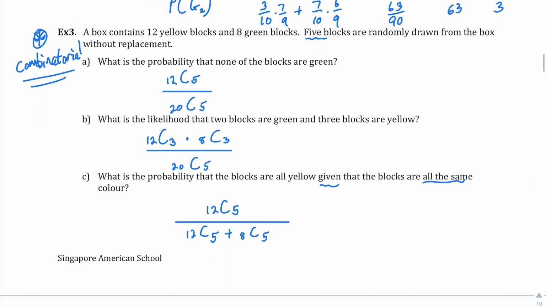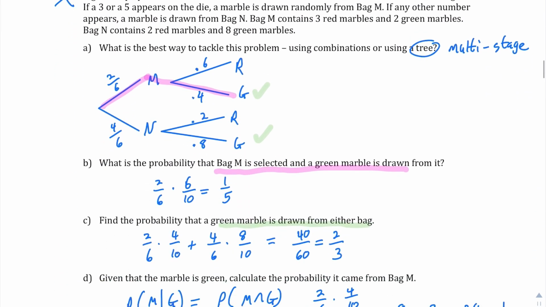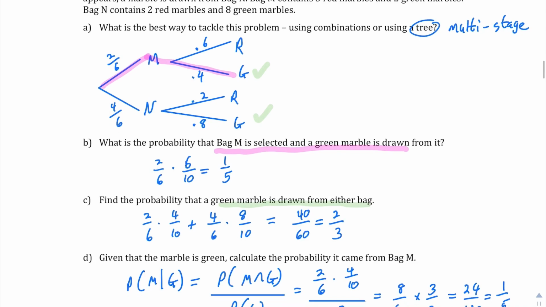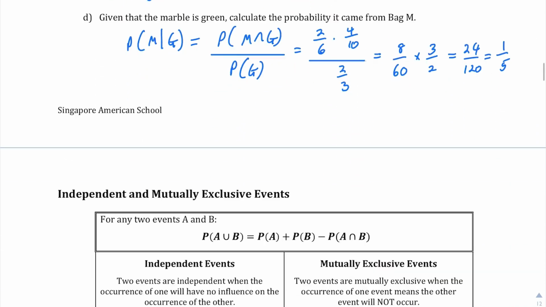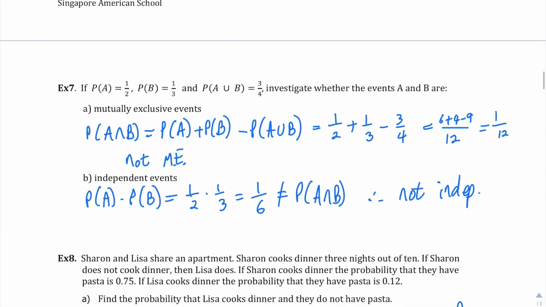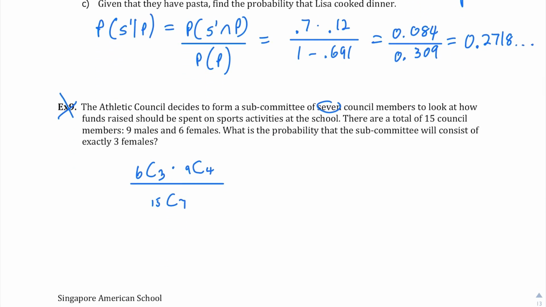There's example 2 and 3, which we took care of. Example 5, so there's our multi-stage event. The solutions to our multi-stage event using our tree diagram. And then we have got example number 8. Again, it's effectively done with a tree diagram. And last but not least, our combinatorial number example.